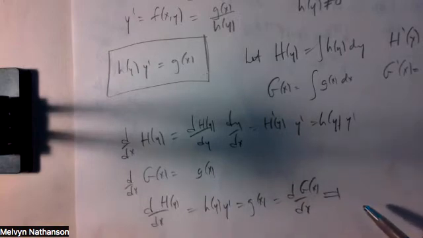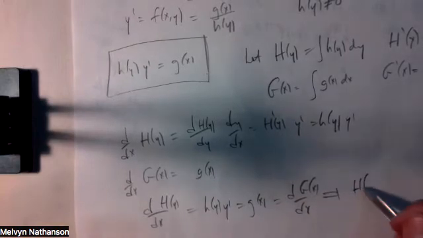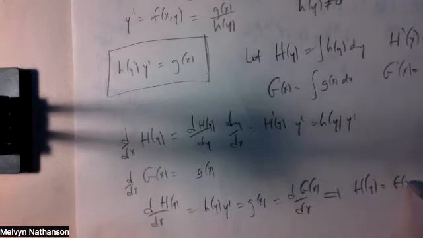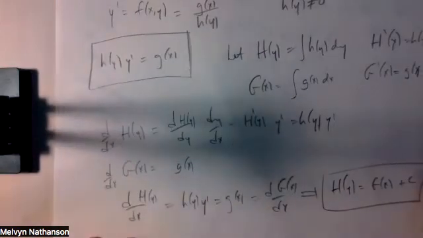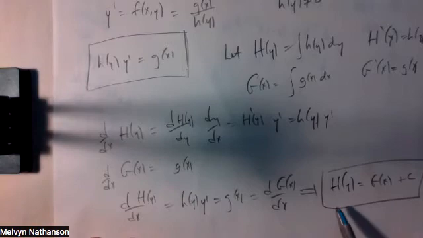So if two functions have the same derivative, they differ by a constant. Capital H of y is capital G of x plus c. So in a certain sense, we've just solved this differential equation, at least implicitly.